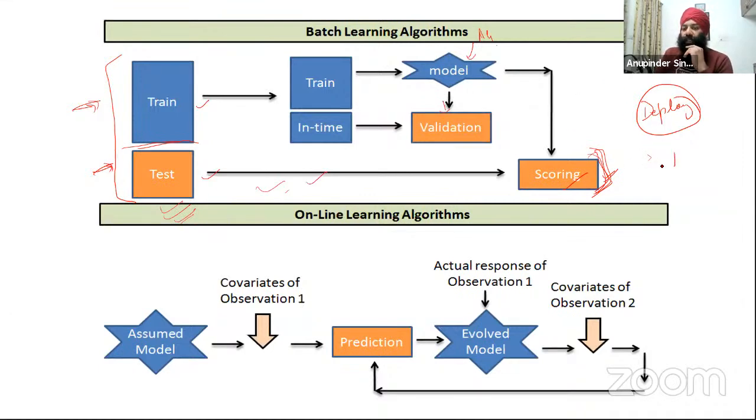Whereas if you talk about the online learning algorithm, instead of relying on the data completely, in batch learning, this is like creating a jar or creating a setup file. We are done, right? Whereas in online learning, we assume some model based on certain assumptions with respect to the parameter and with respect to the data, and corresponding to that particular assumption, we feed the real time data to this particular system, and then on the basis of prediction, we evolve this particular model by fine tuning its internal measuring parameters, right?